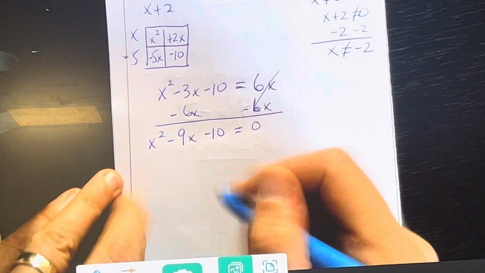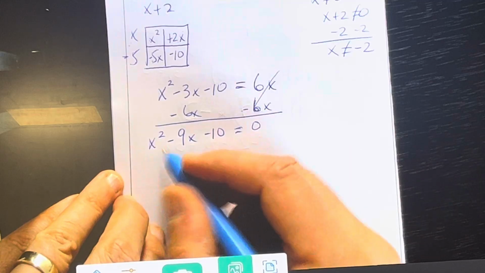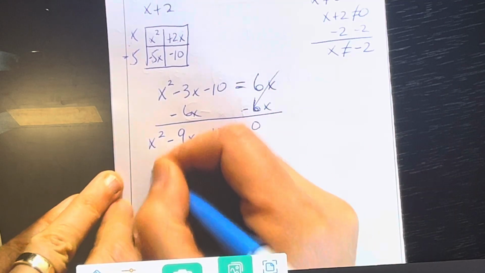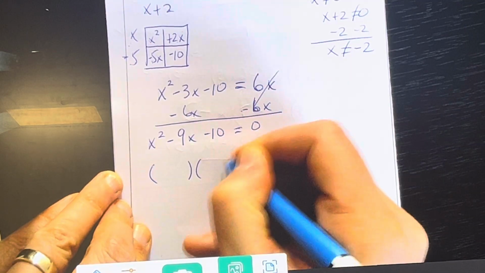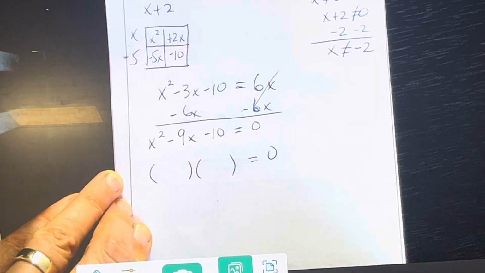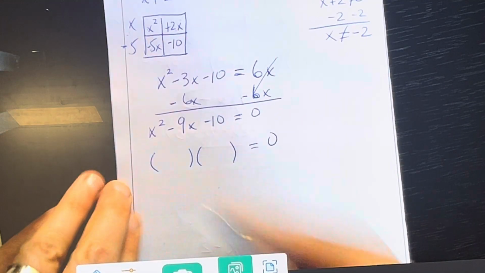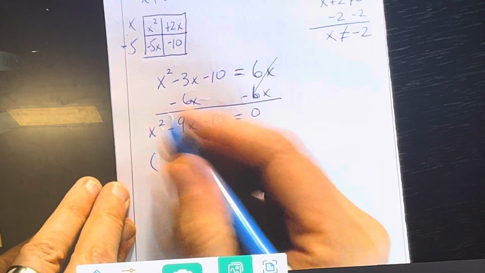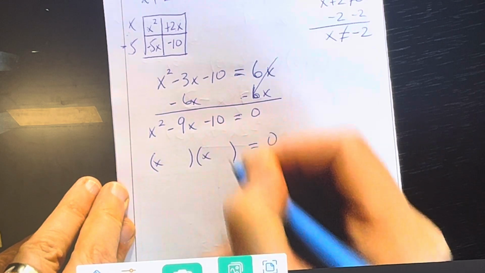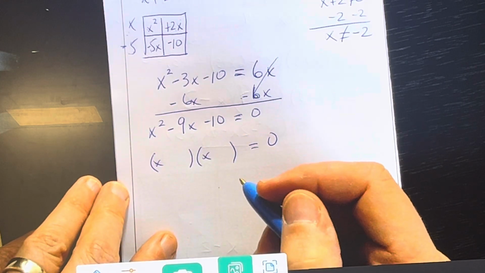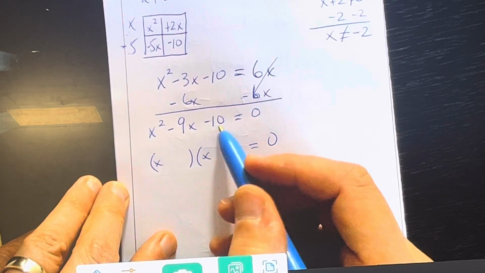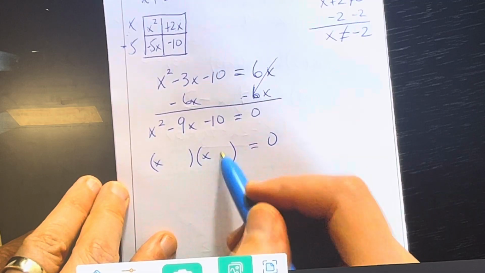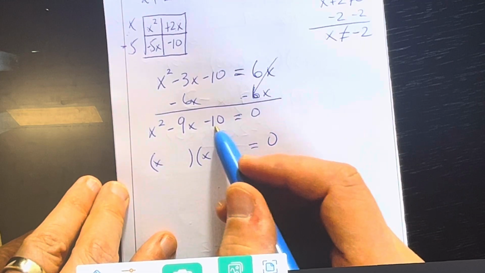All right, so again, we need to factor this. Something times something will be x squared, so that will be x times x. Something times something is negative 10.